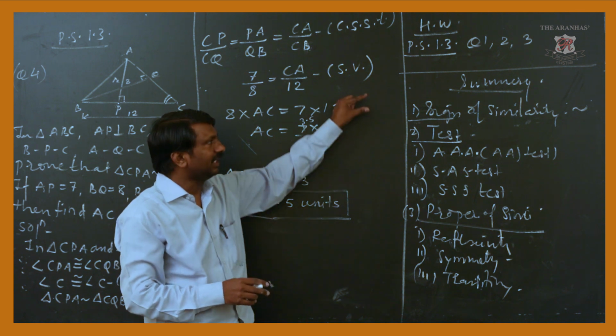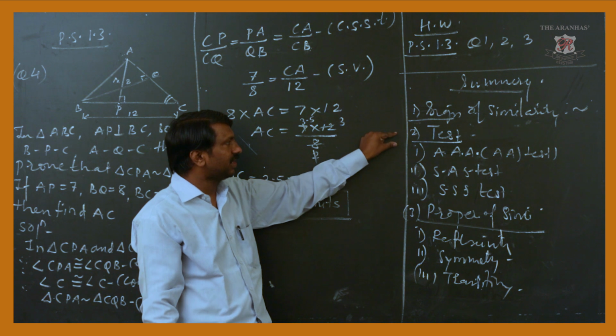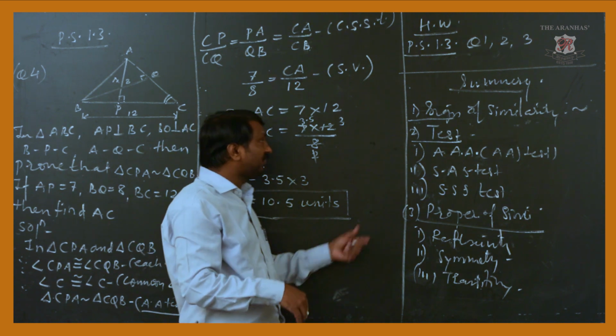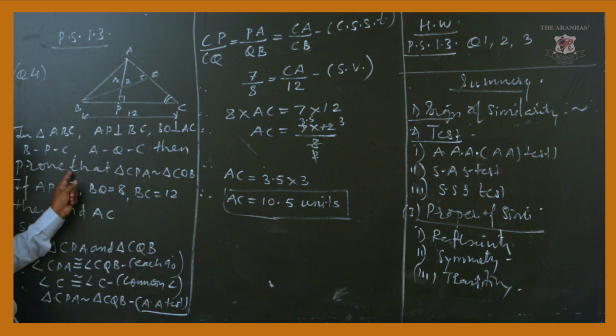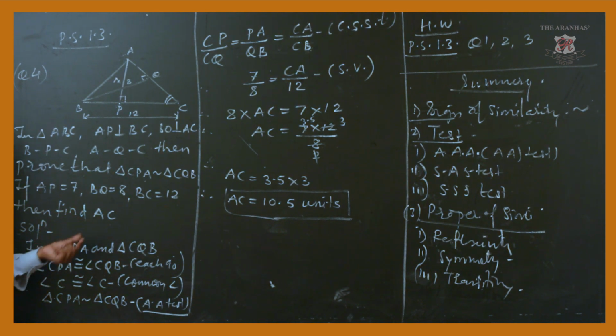But the very important thing, this is today's summary of what we studied: the similarity concept, the tests we discussed, as well as the properties, and after that we started the example which I explained to you. This is the fourth one, a very important example. It is also repeated many times for 3 marks in the SSC board if we see the previous question papers.